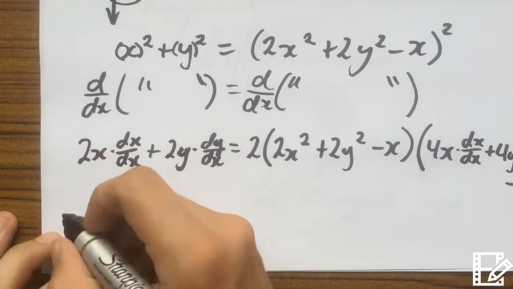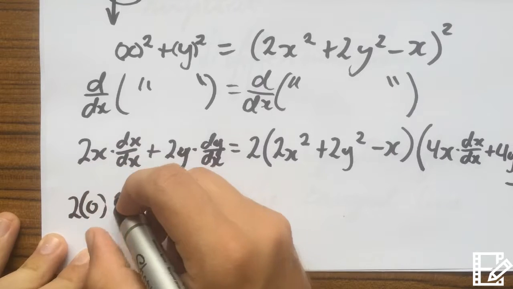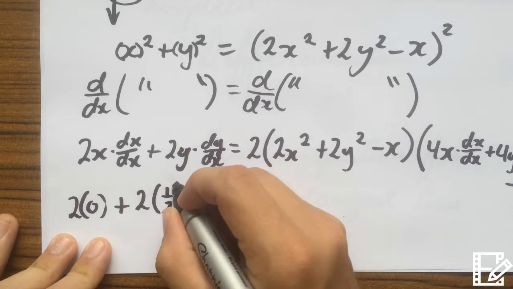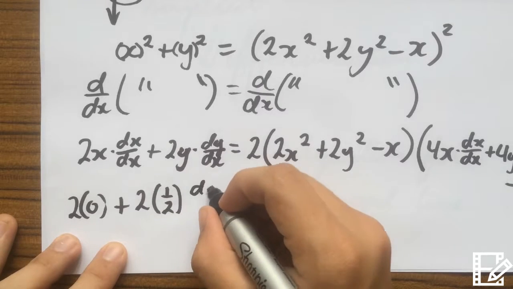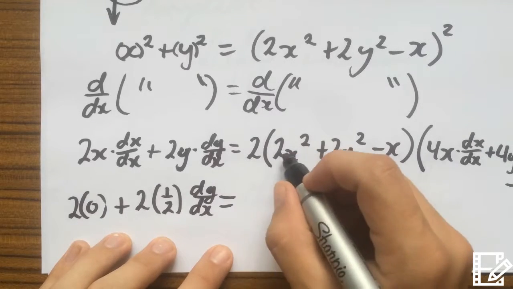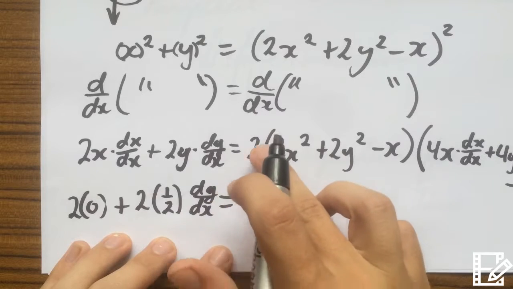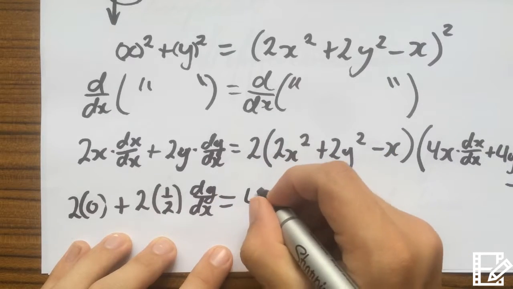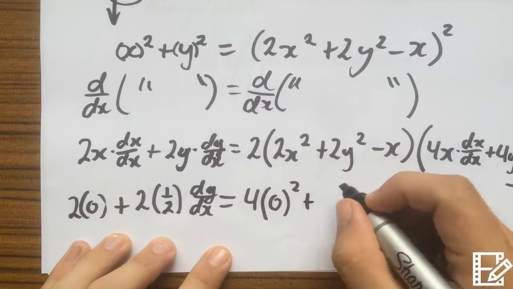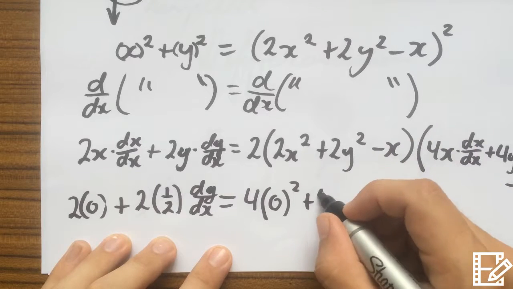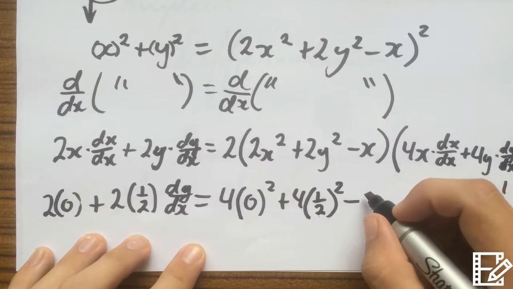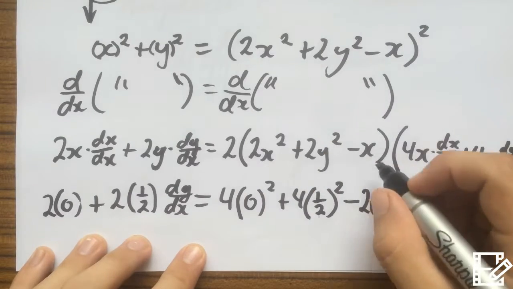And what we'll get down here is 2 multiplied by 0 plus 2 multiplied by half dy/dx equals, we're going to expand this 2 into the bracket, so it's going to be 4, and where the x is, it's going to be 0 squared. 2 multiplied by 2 is 4. We're going to put a half where the y is, square it, minus 2, and x is 0.